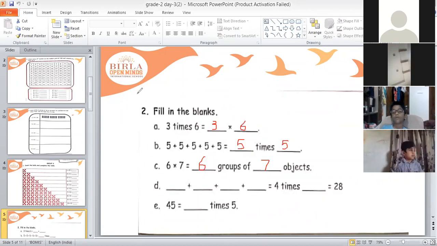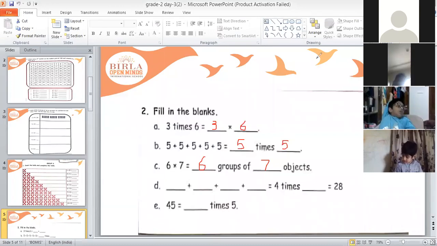Yeah. And 4 tens are 40. Very good. So Devansh, in the 4 table, when did we get 28? 4 sevens are 28. Very good.